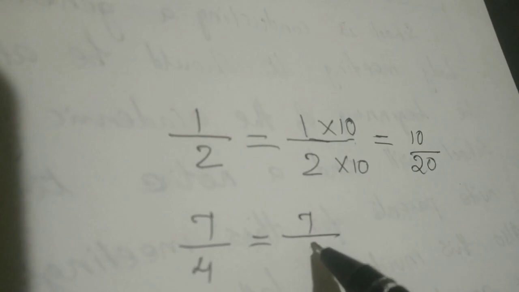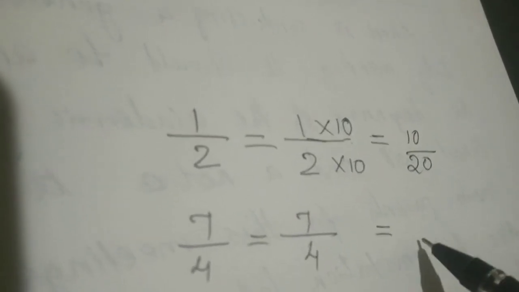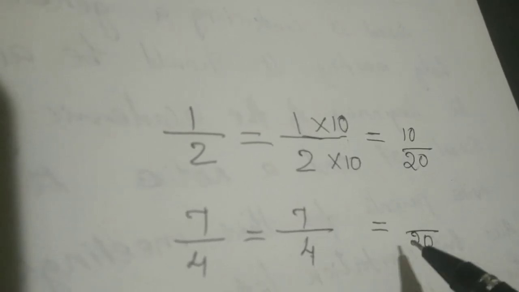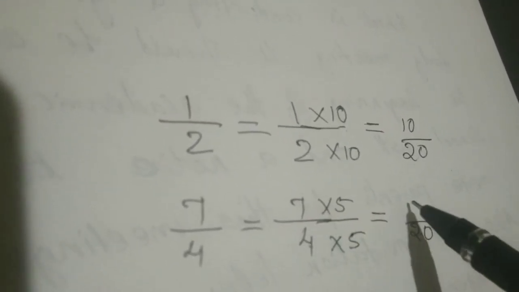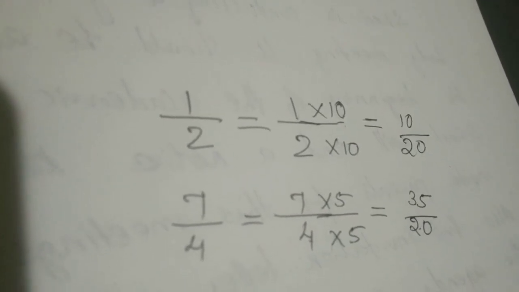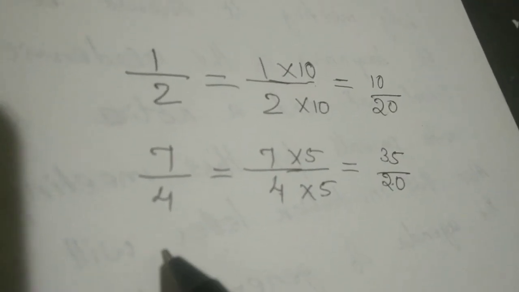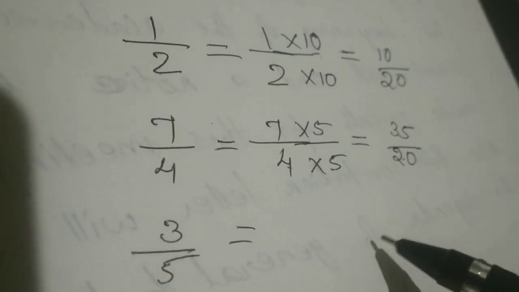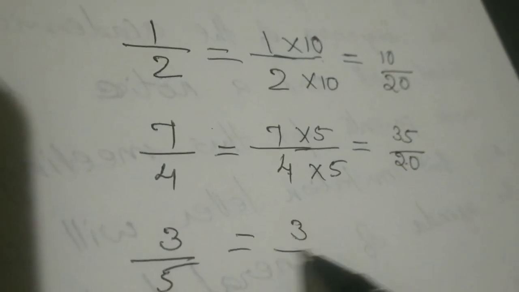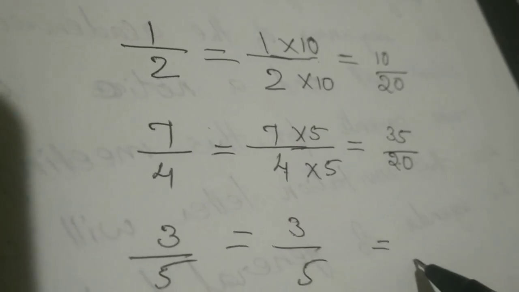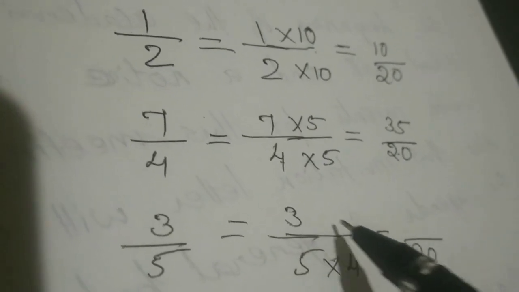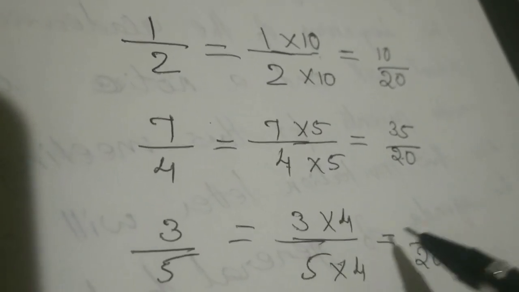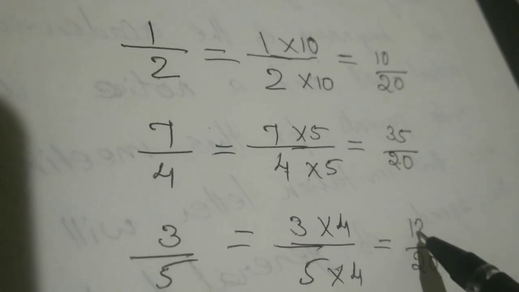We make the denominator 20. 4 5s are 20, so 7 times 5 is 35. Next fraction is 3 upon 5. We change it into out of 20. 5 4s are 20, so multiply 3 with 4. 3 4s are 12.